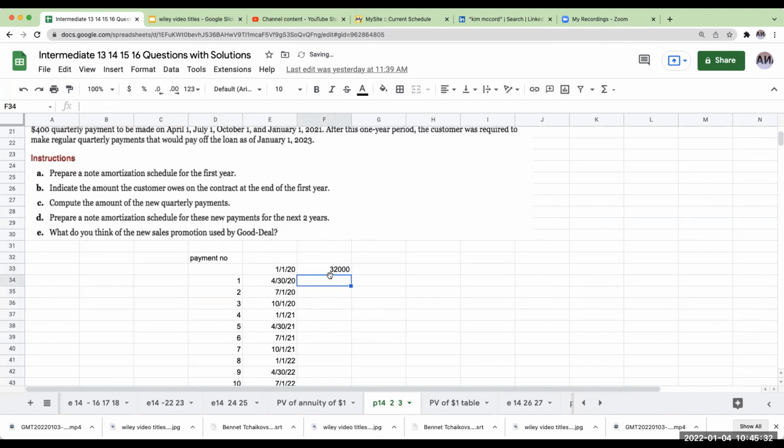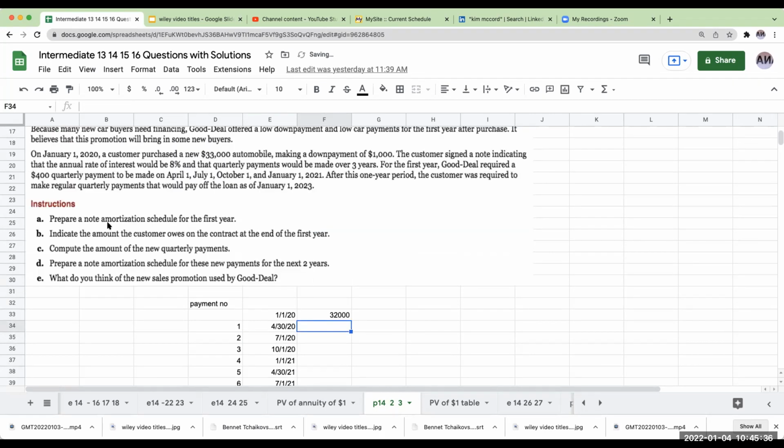So over here on 4/30/20, indicate the amount the customer owes at the end of the first year. So the carrying value of the note is basically $32,000.